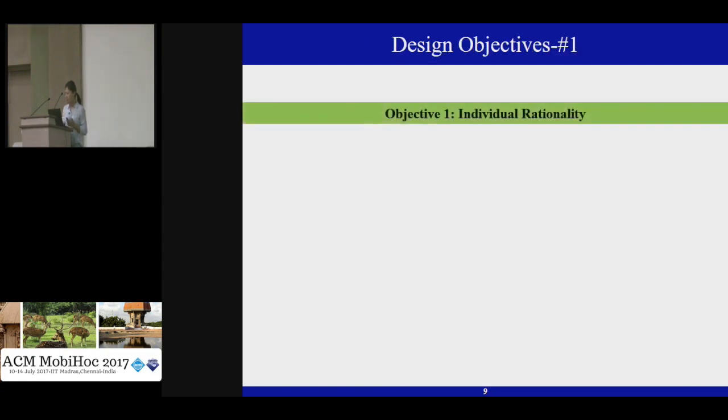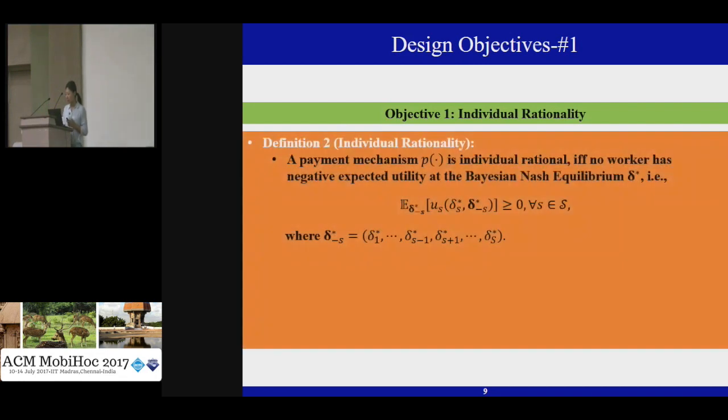Next, I'll introduce the design objectives of the payment mechanism, which are threefold. The first goal is individual rationality, which means that no worker has negative expected gain at the Bayesian Nash equilibrium.